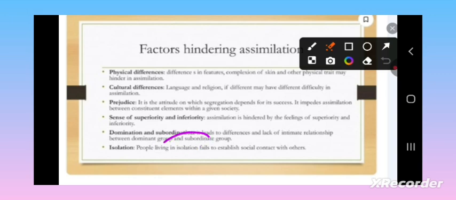Domination and subordination lead to a lack of intimate relationship between the dominant group and the subordinate group. Isolation: people living in isolation fail to establish social contact with others, which is necessary for assimilation to occur.